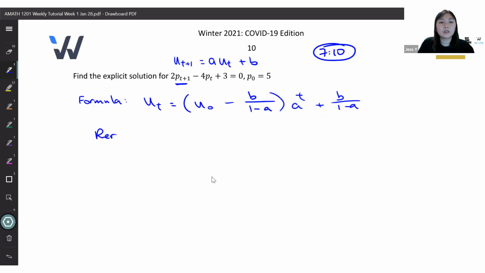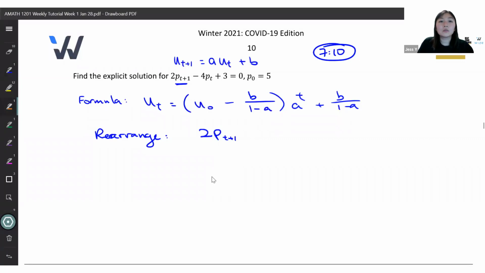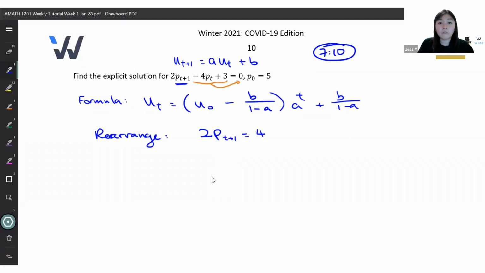So let's rearrange. 2p sub t plus 1 is on the left. I'm going to move everything else to the right. So this negative 4p sub t plus 3 is going to go to the right-hand side. So that becomes positive 4p sub t minus 3.